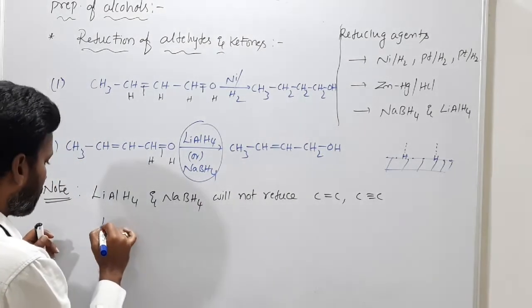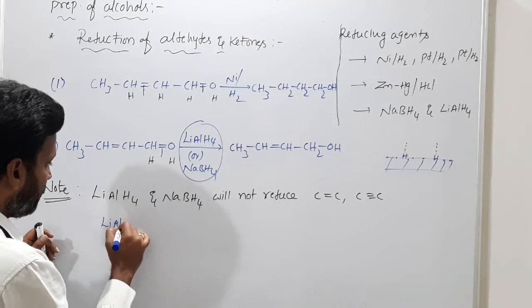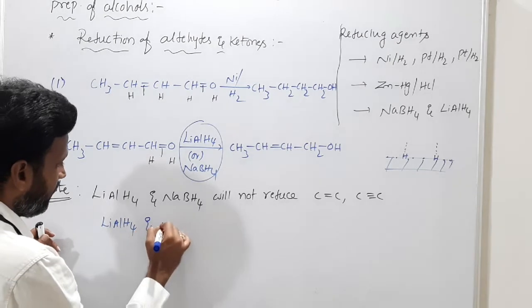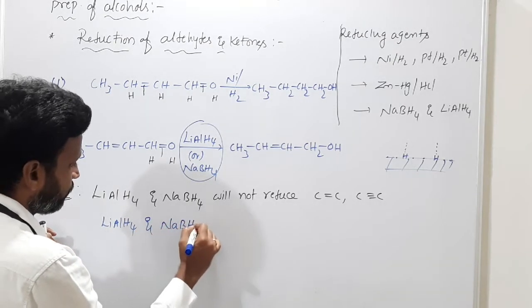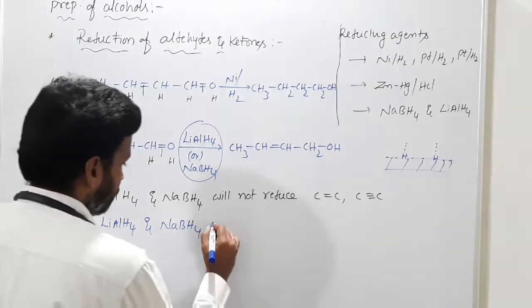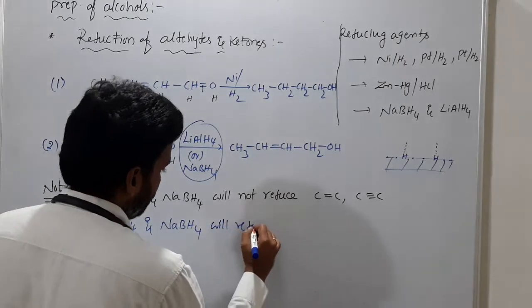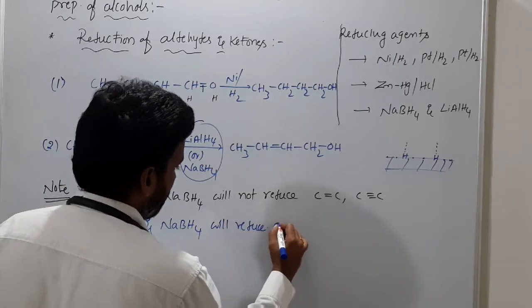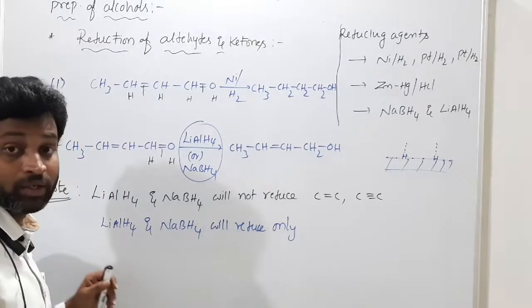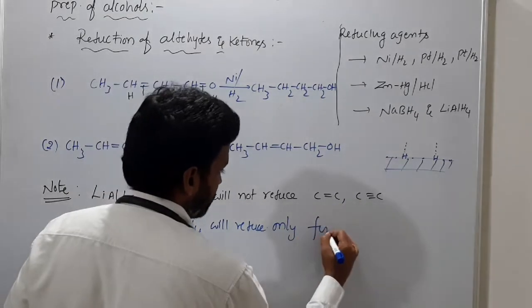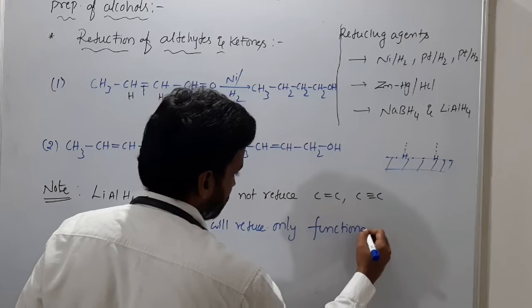So what is the final conclusion there? LiAlH4 and NaBH4 will reduce only functional groups. What groups?